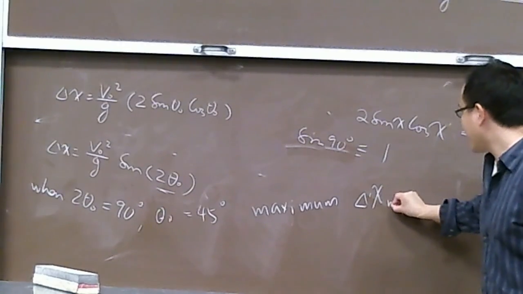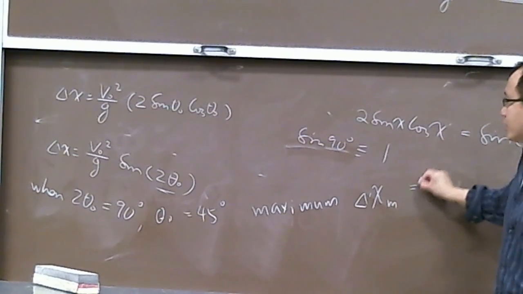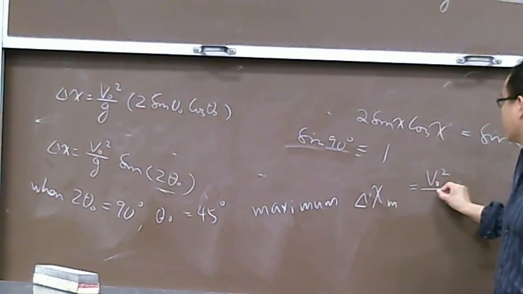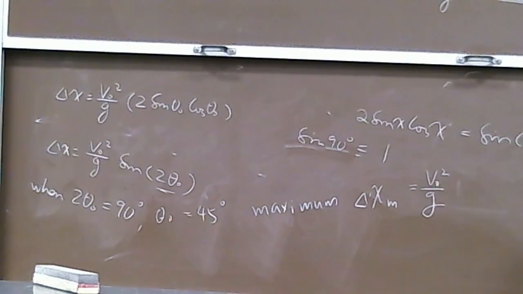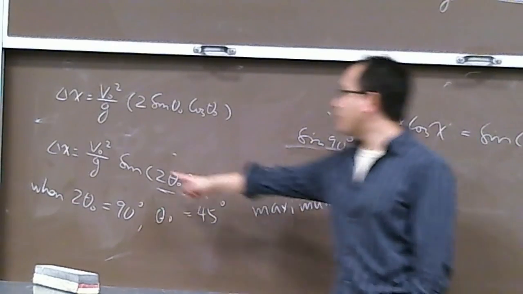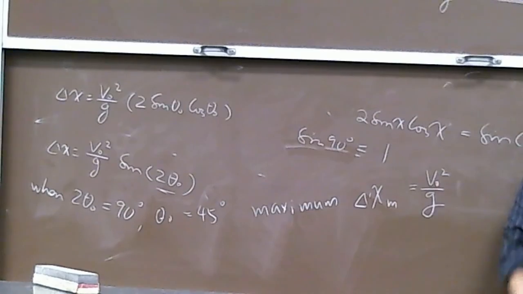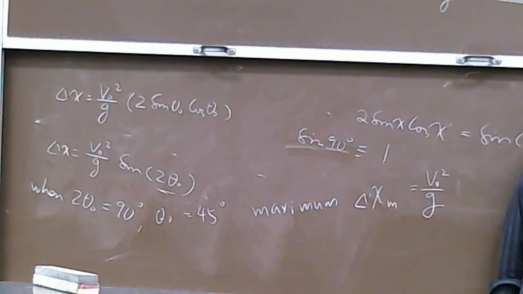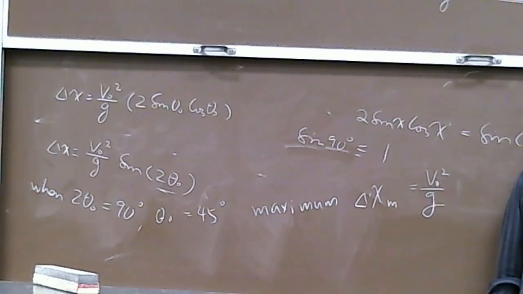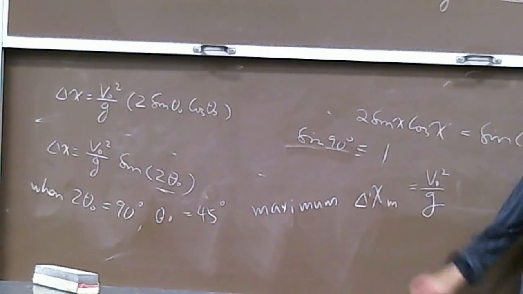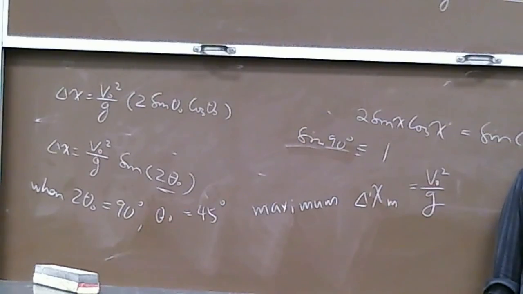Delta x maximum will be v naught squared over t. For 90 degrees, the sine function will give you 1. Okay? Any question here? So we get 45 degrees exactly.